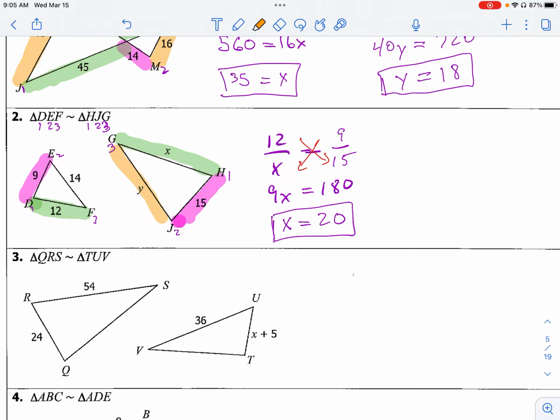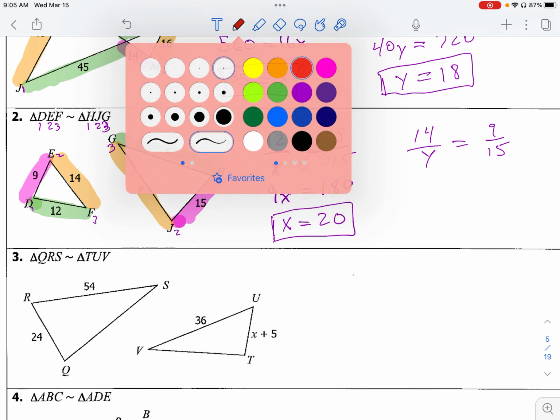So we got Y here, and it's between 2 and 3. And here's 2 and 3 on our other triangle, so it's 14. And remember, DEF goes on top, so it's 14 over Y. And we're going to use the same 9 and 15. Same process.